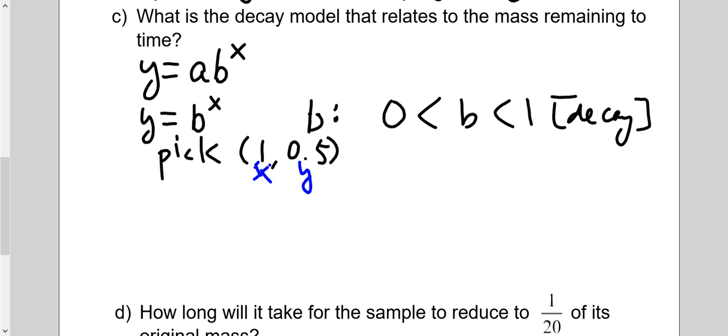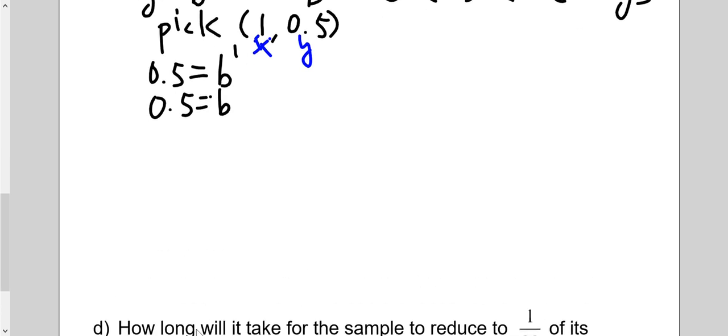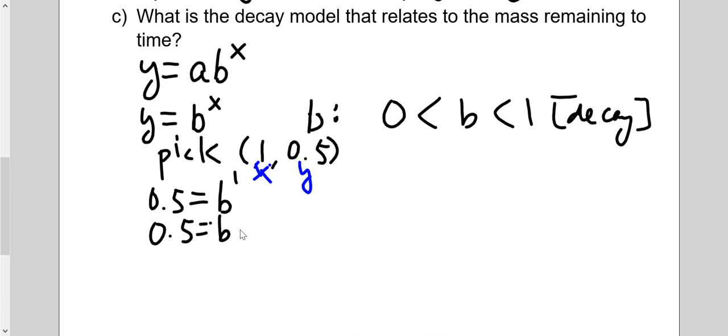If you plug in 0.5 for y, and of course we don't know the b value, that's what we're looking for, and my x is 1, so basically my b is 0.5. Now I know my b. That's easy.